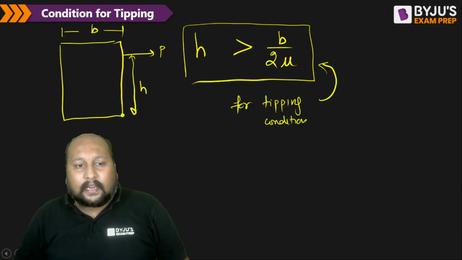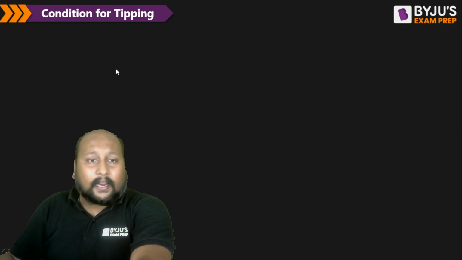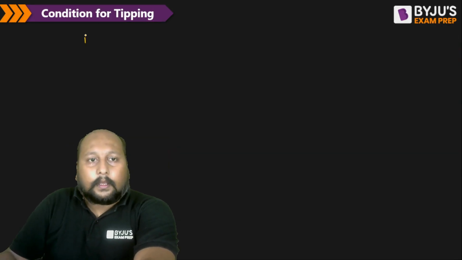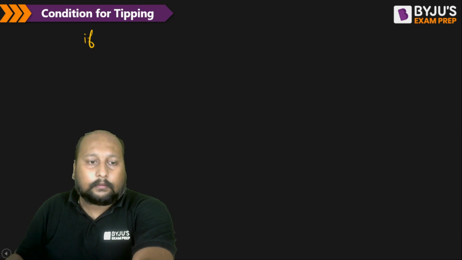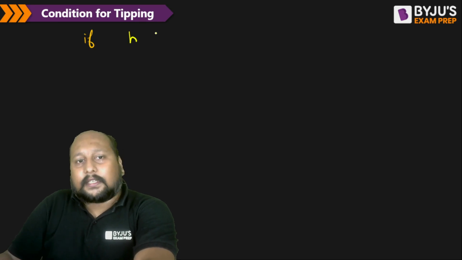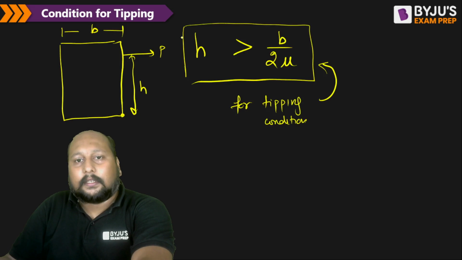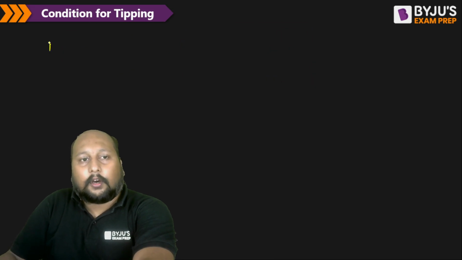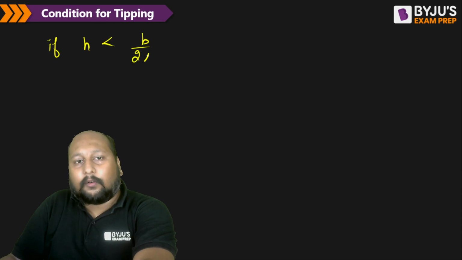Or I can say, very important, now we are coming to a very conclusive statement: if h is less than b by 2 mu, then what will happen?